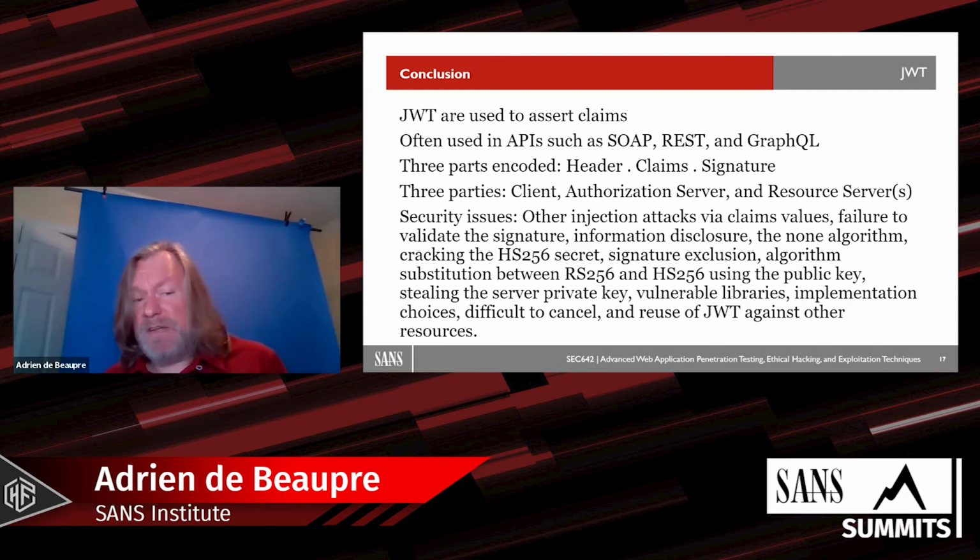There are a whole bunch of potentially vulnerable libraries, but most often what we see are implementation issues, where decisions made by either the person who designed the JWTs or the people who implemented it server side are perhaps less than ideal. If that makes sense. Everything makes sense in my head until it comes out of my mouth.